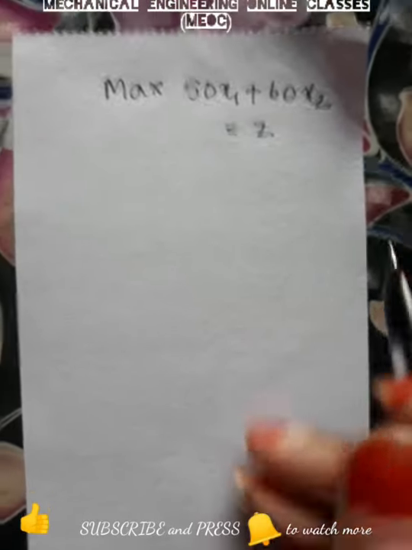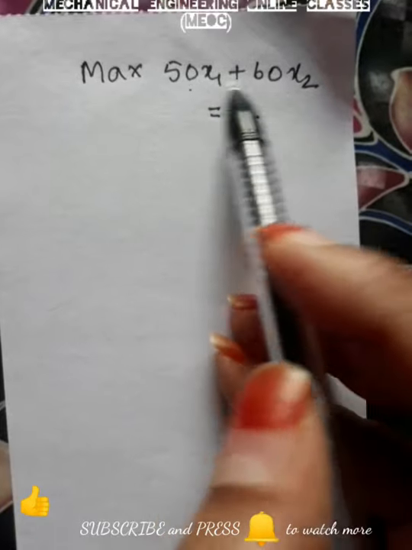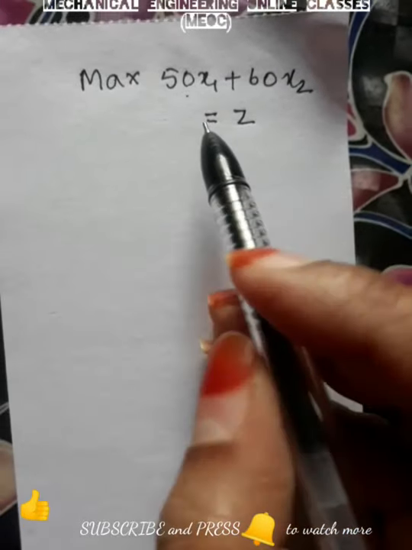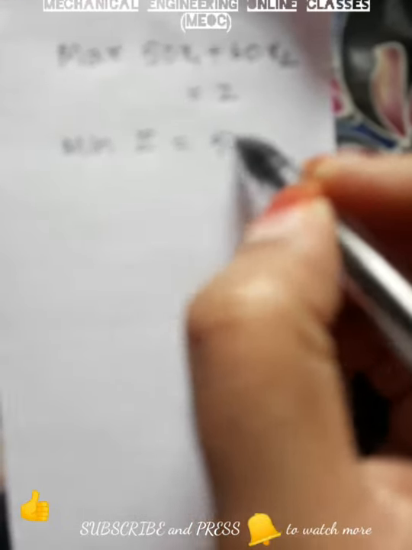Again, for example, if I consider the same objective function, which is z is equal to 50x1 plus 60x2, and if it is of minimization type, that means minimize z is equal to 50x1 plus 60x2.